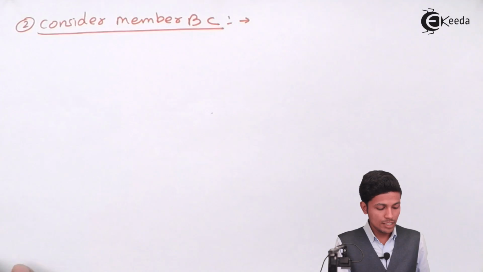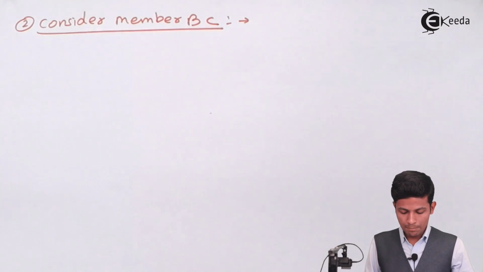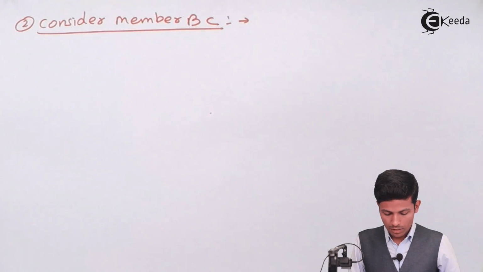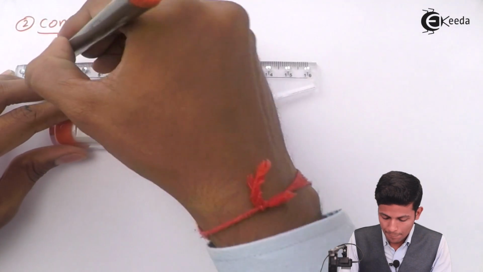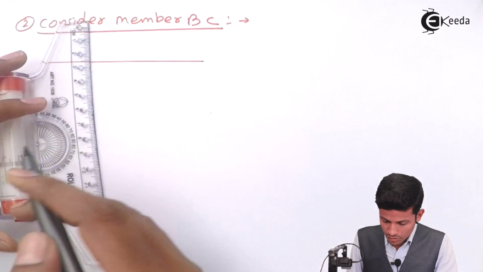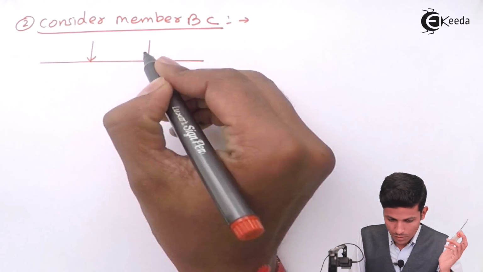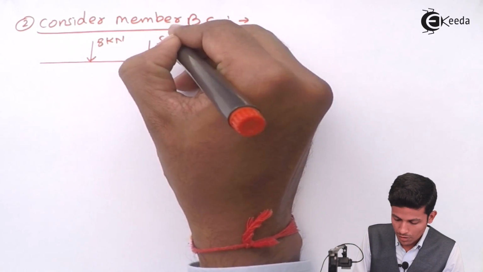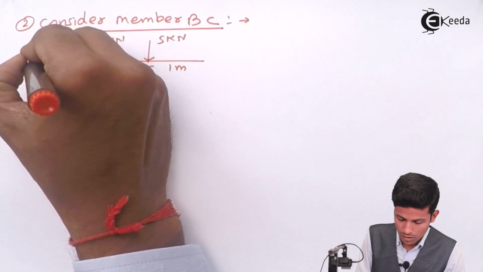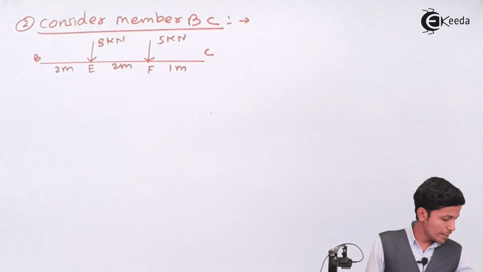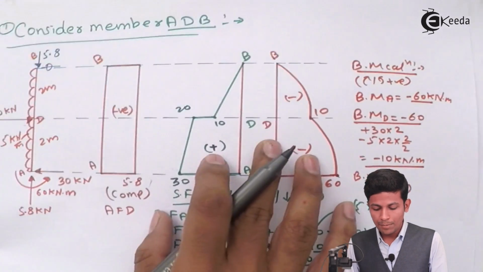Now consider the BC part. Now draw the FBD of that part. It will come like this. See, this 5.8 in B is going downward.